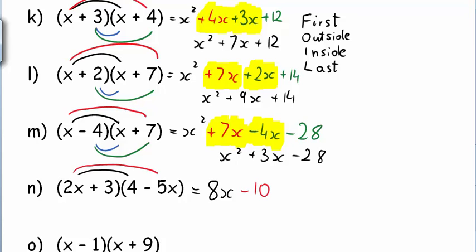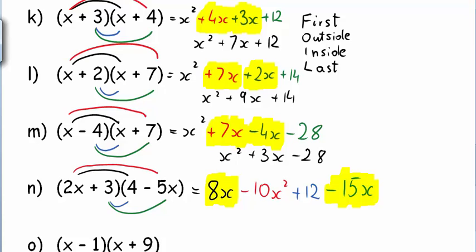And x times x is x squared. 3 times 4 is 12. And 3 times negative 5x is minus 15x. This time, the like terms are the 8x and minus 15x.